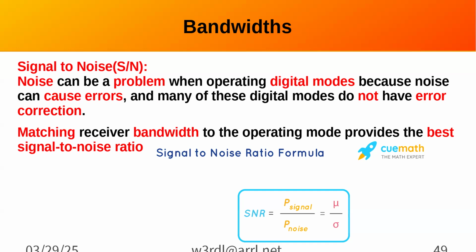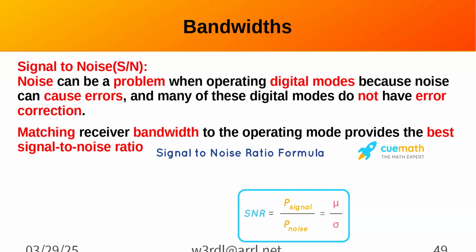One of the things you want to do in either case is match the bandwidth that you're using. You usually have selectable IF filters, and in a lot of radios they automatically change depending on what mode you're in.